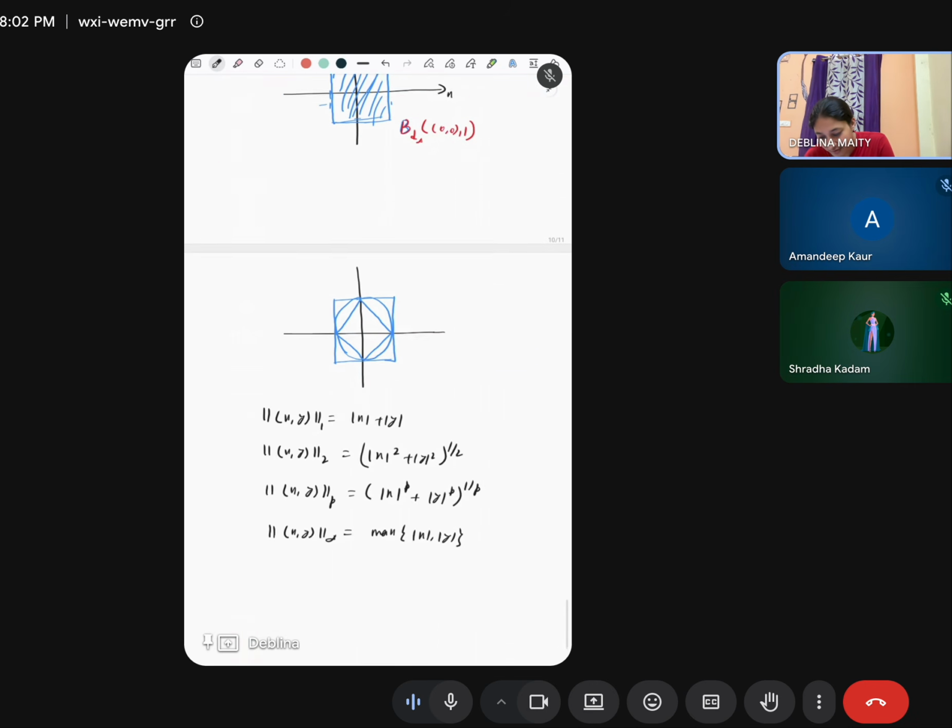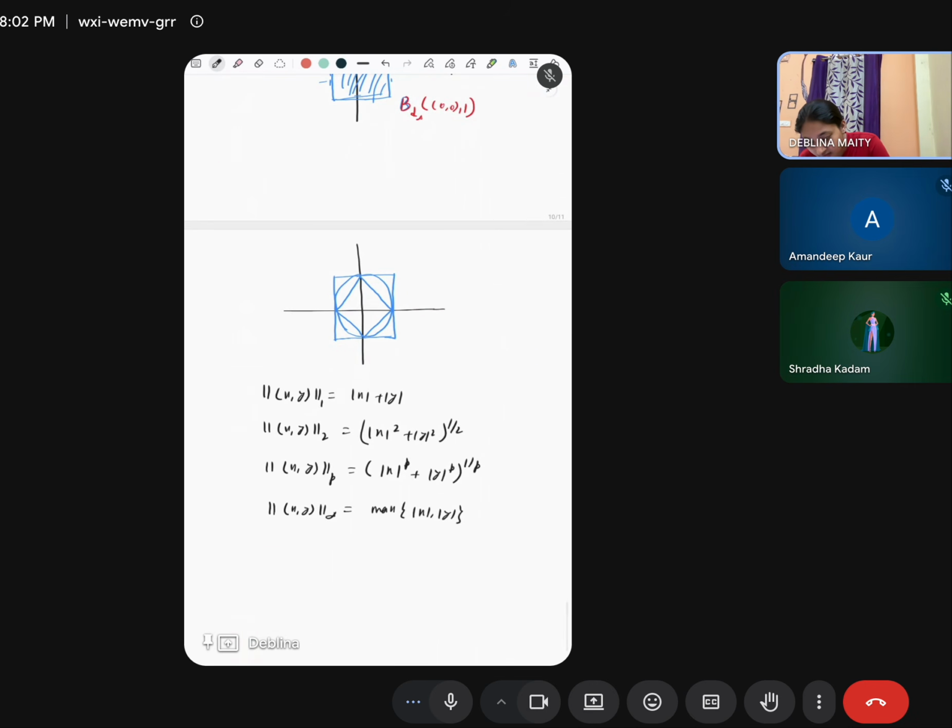The first one is from norm 1, this circle is from norm 2, and the square is coming from norm infinity, right? And if we draw norm p, it will lie between this 1 and infinity, somewhere here, where p is greater than 1.